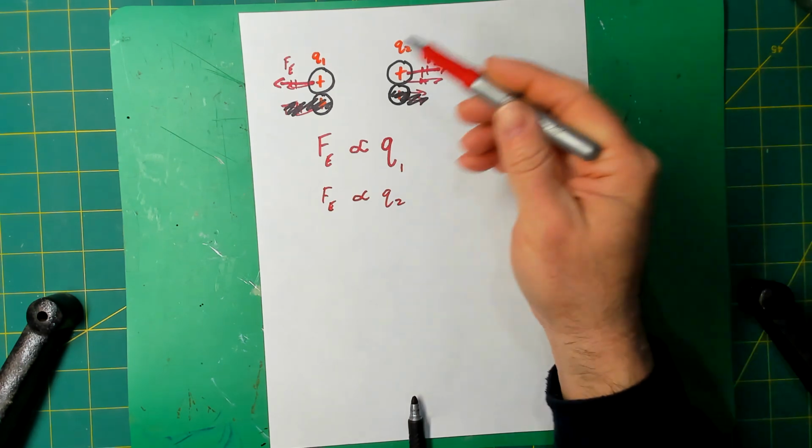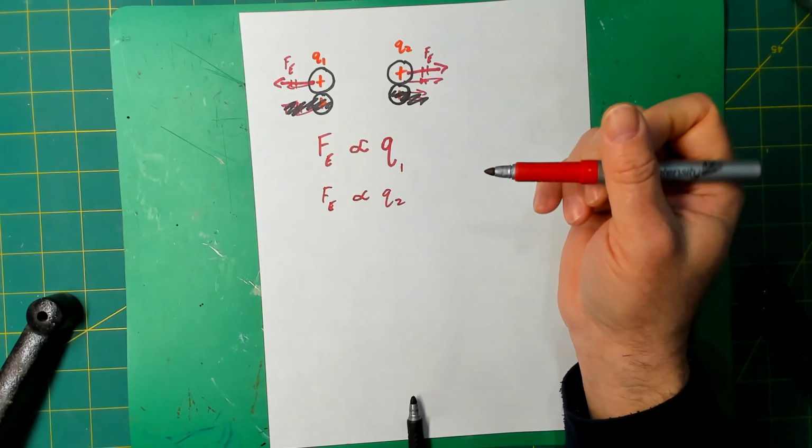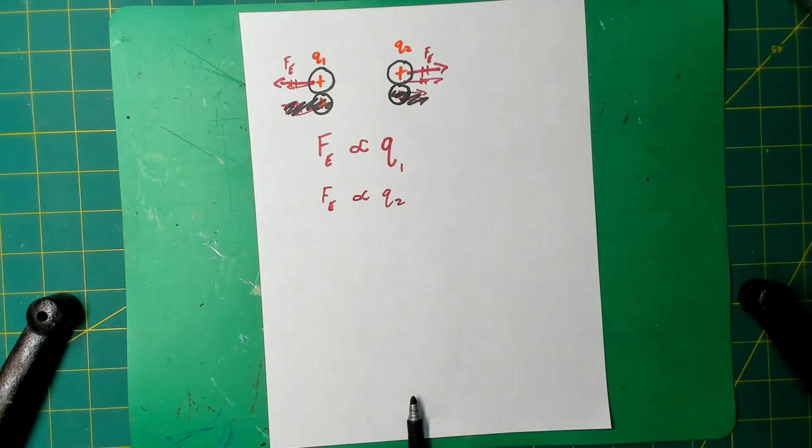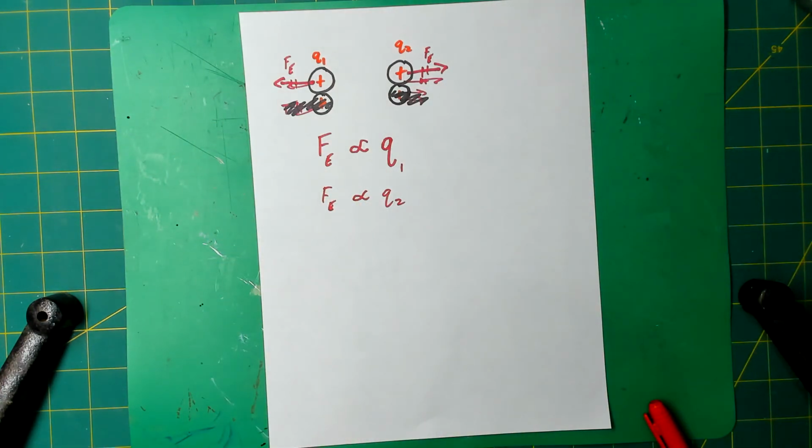So you might ask, okay, well, what else affects how hard these guys push on each other? And so from playing around with charged objects in class, like the charged tapes, doing the sticky tape lab, and playing with the pith ball and the charged rods, we noticed that how far apart the charges are affects how hard they push on each other.